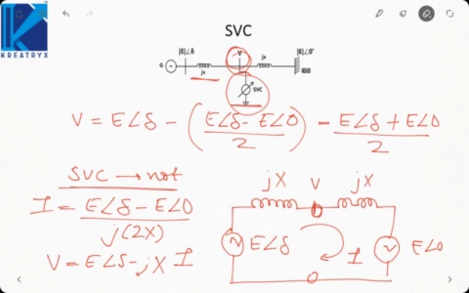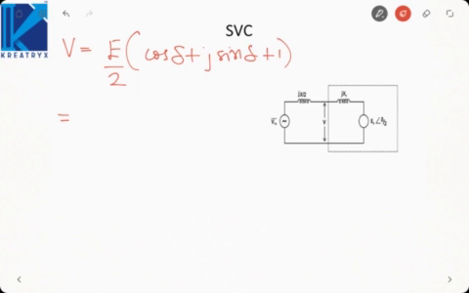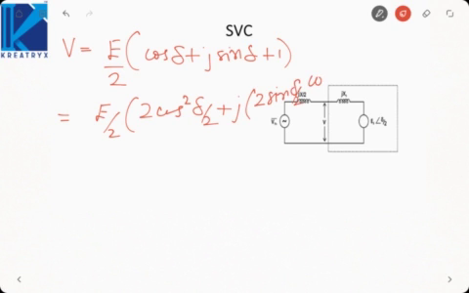Now if we simplify this expression, (E angle delta plus E angle 0) by 2, what will happen is E times (cos delta plus j sin delta plus 1) by 2. Now 1 plus cos delta will be 2 cos square delta by 2, plus j into 2 sin delta by 2 cos delta by 2.